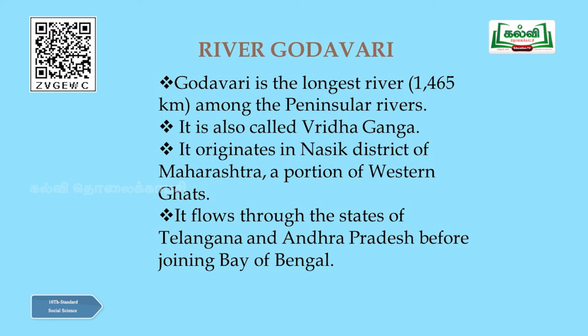Here the length of this river is 1465 kilometers, and this river Godavari is also called Vriddha Ganga. It originates in Nasik district of Maharashtra, a portion of the Western Ghats. It flows through the states of Telangana, Andhra Pradesh, and then it will drain into Bay of Bengal.